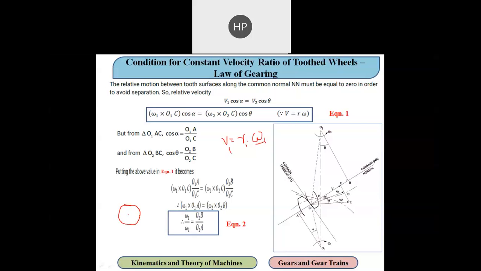If I want to take the velocity of this point, what will be the direction of the velocity? You already studied in 12th standard or in a previous semester that if this is the radius, then a line drawn perpendicular to that radius will be the velocity.